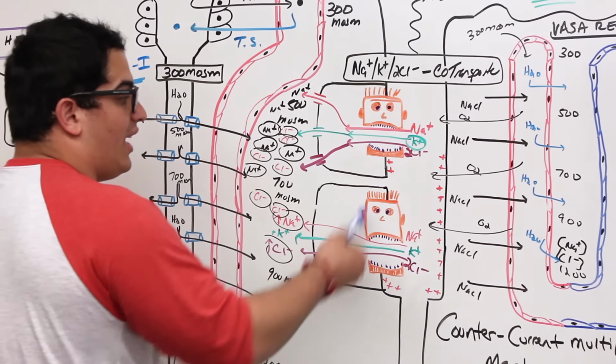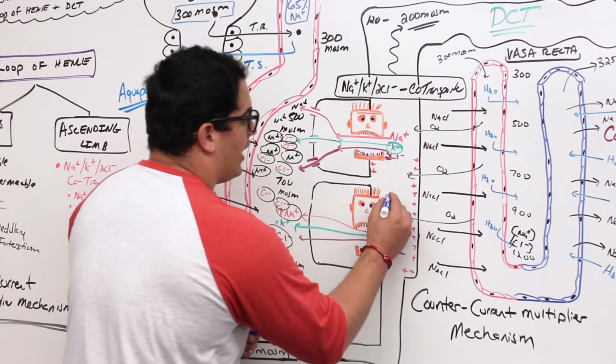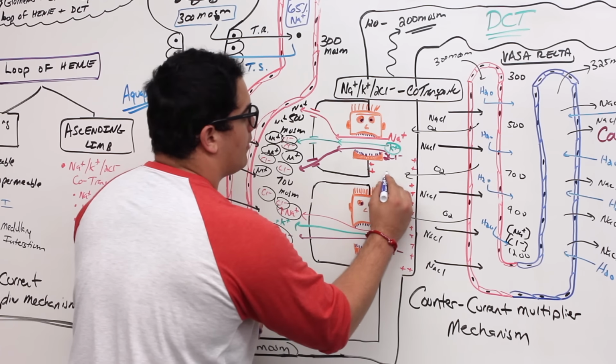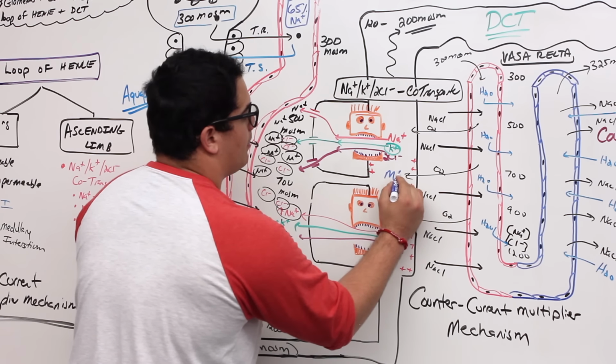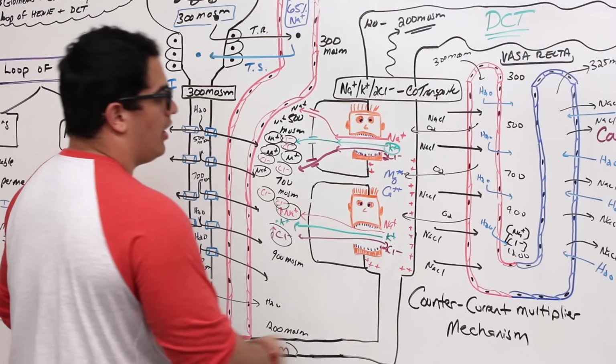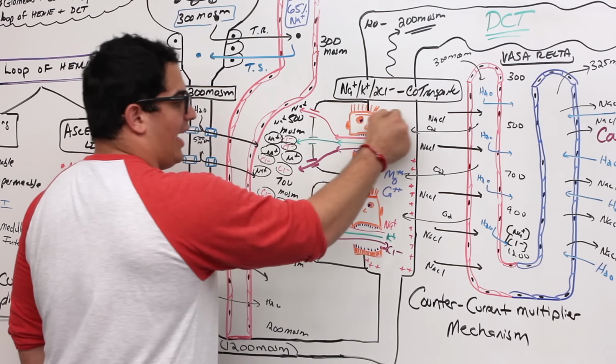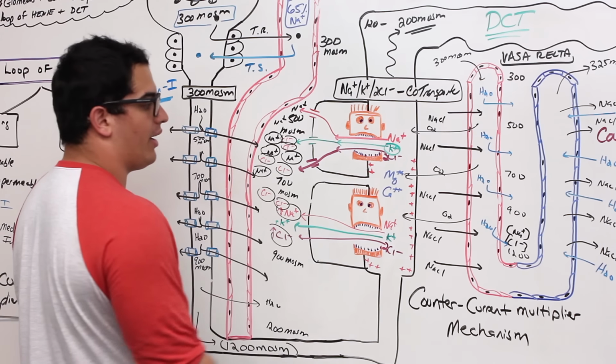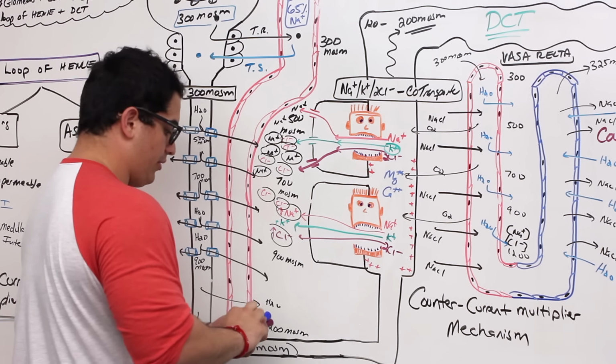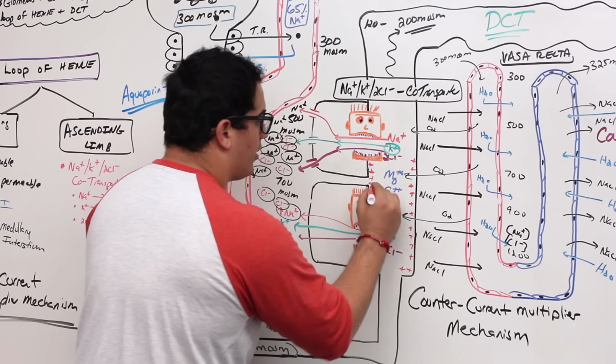What's present in this area is calcium and magnesium. Because there's a lot of positively charged or depolarization of this inner lining of the actual luminal membrane, they can't move out. They can't actually get out of this area.